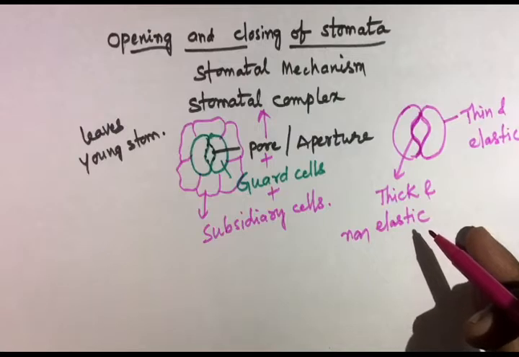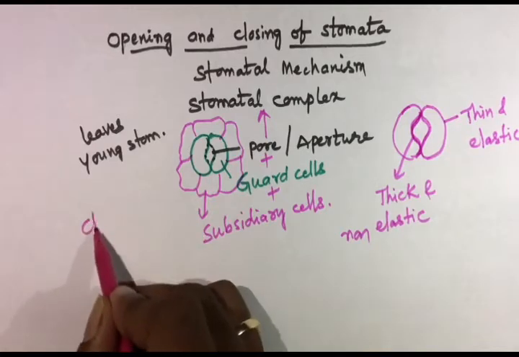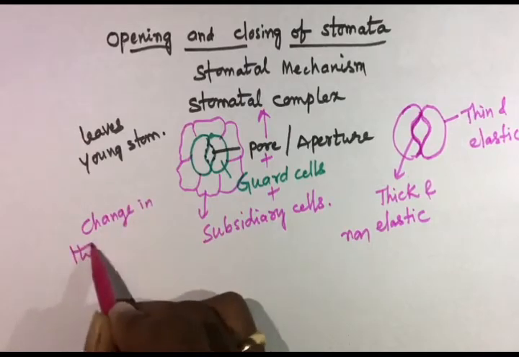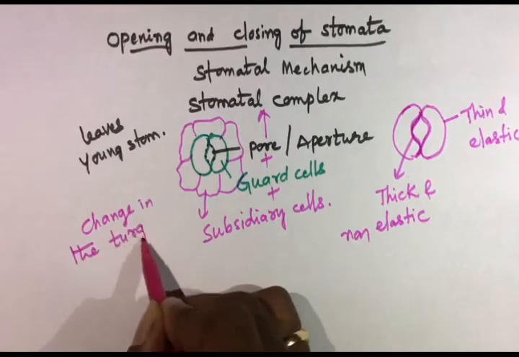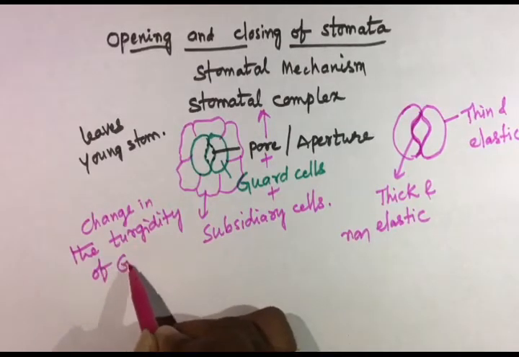Here the main cause for opening and closing of stomata is the change in the turgidity of guard cells.